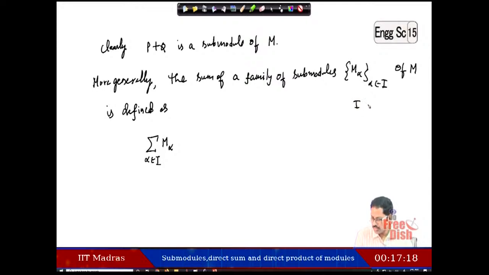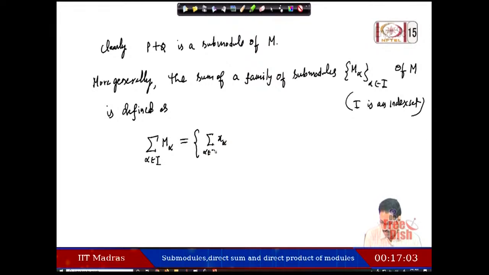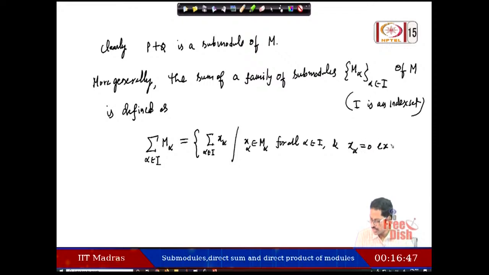So, I is an index set, and this can be finite, infinite, etc. Then this is defined as the set of all elements summation x alpha, alpha belongs to I, such that x alpha belongs to M alpha for each alpha, for all alpha belongs to I, and x alpha equals 0 except for finitely many alphas.